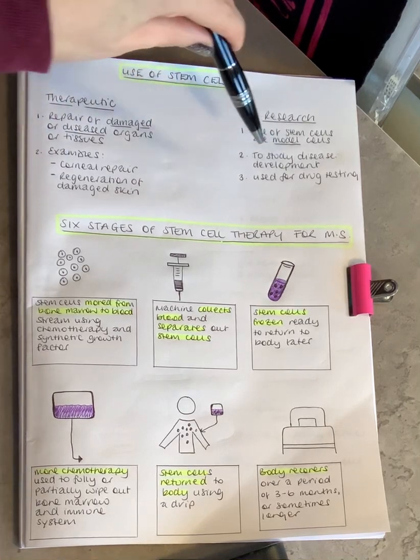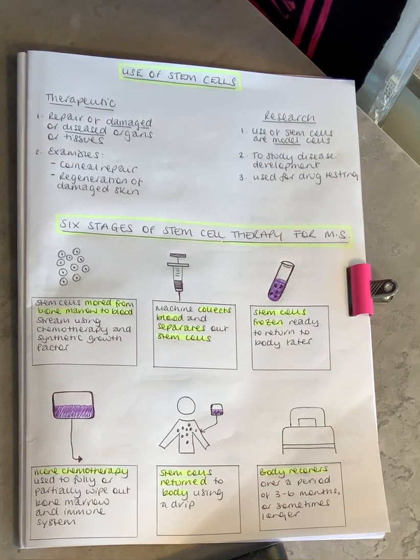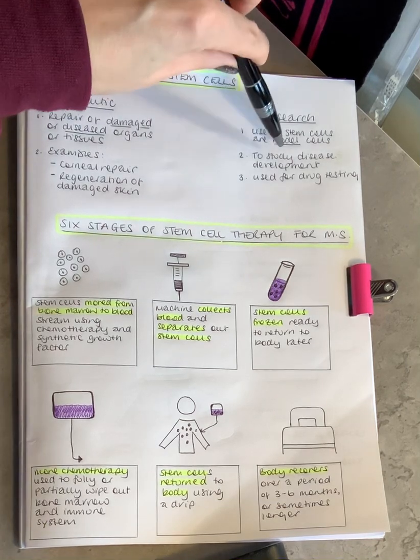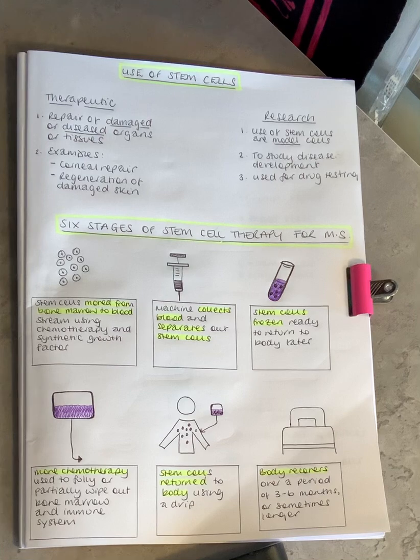They will look at these cells and how they react in certain circumstances. They'll start playing about with the genetics, switching the genes on and off, to see how the disease develops in the first place.